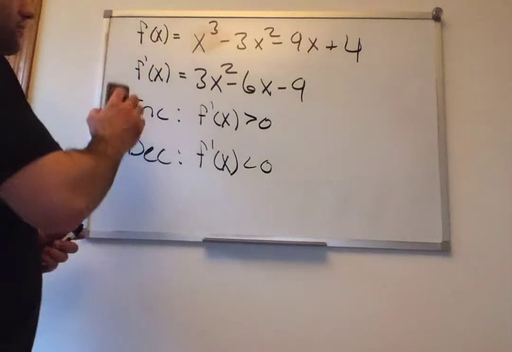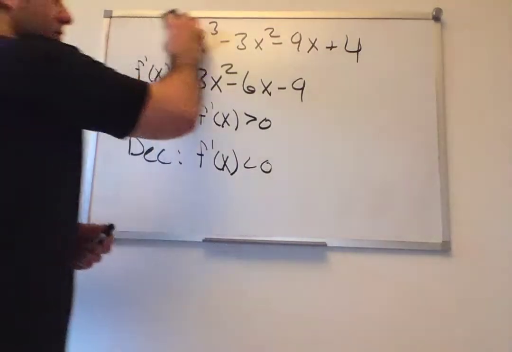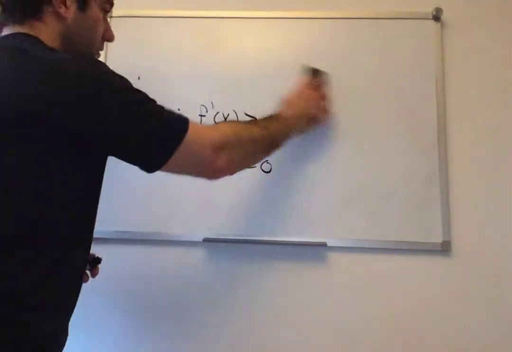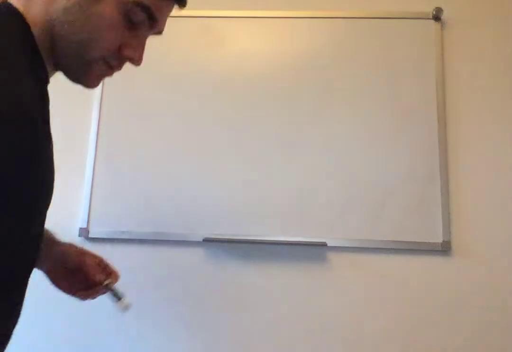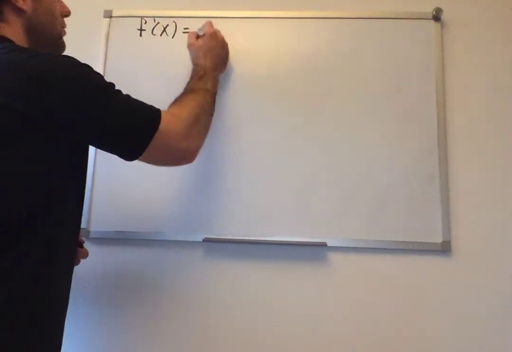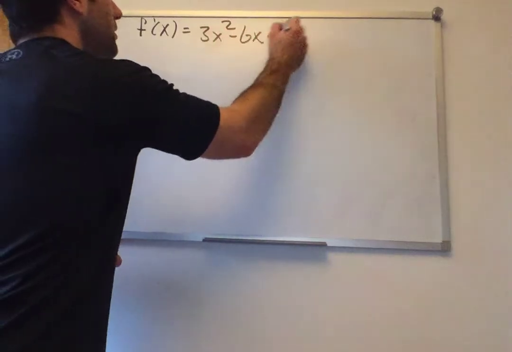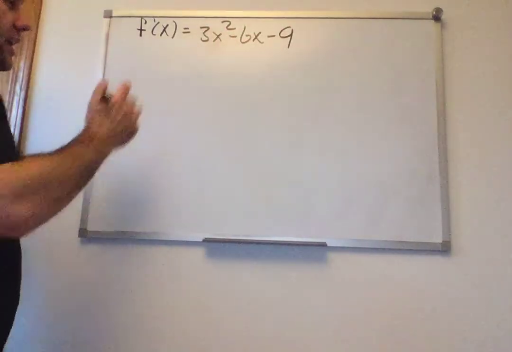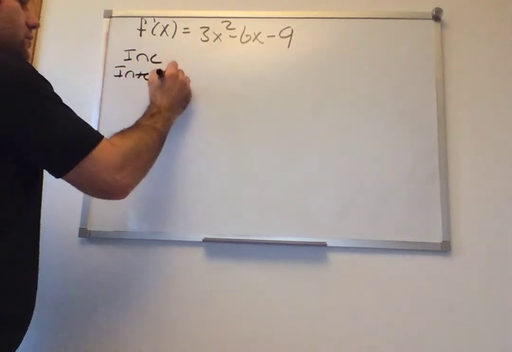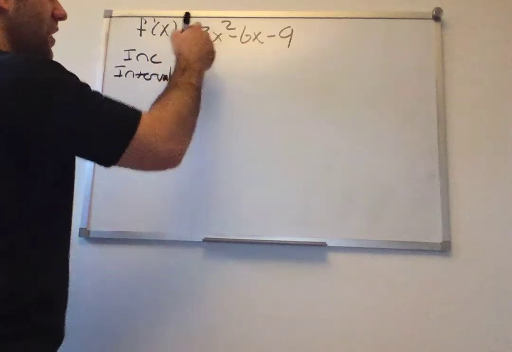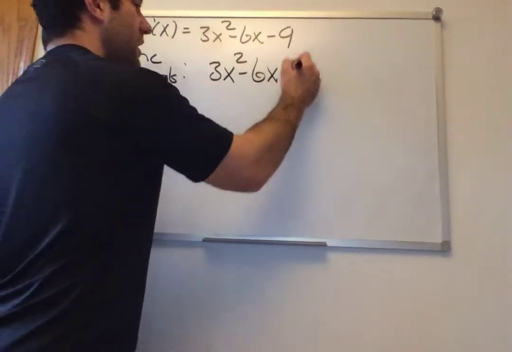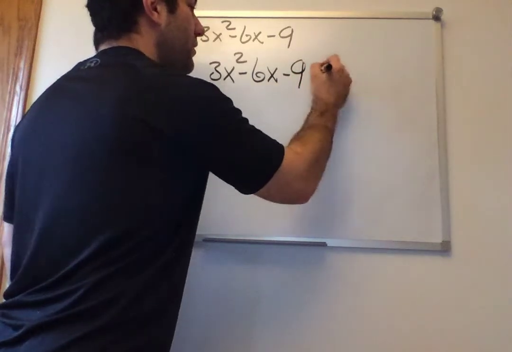Okay, so let me do some erasing. I want my derivative. I'll write it back up top here. F prime of x is equal to 3x squared minus 6x minus 9. And let's find the increasing intervals first. So that says take our derivative, which is 3x squared minus 6x minus 9, and set it greater than 0.